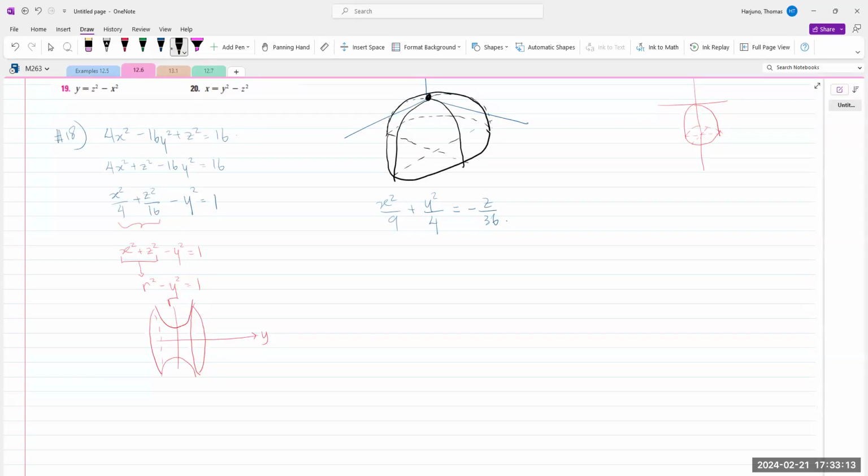So if I redraw it, it may look like this. I will get rid of the red color later on. It opens, how to say, it is parallel to the y-axis.